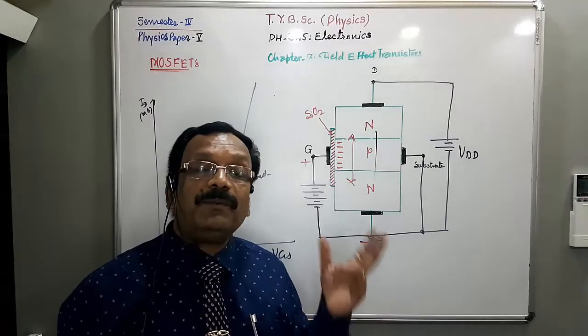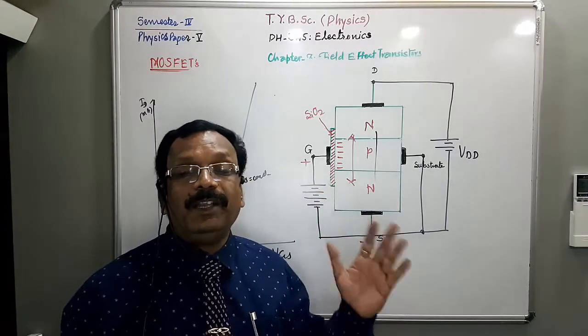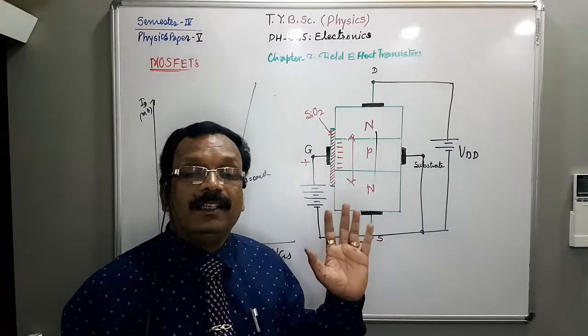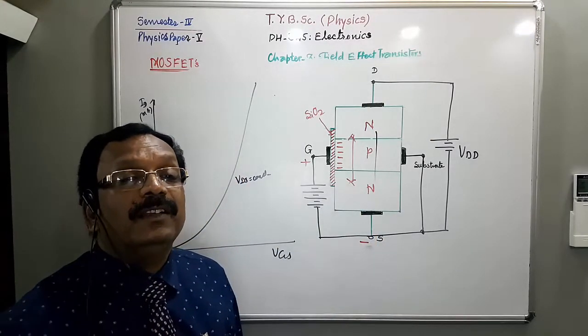The curve is plotted for both positive and negative values of VGS, and that's why this curve is also called the transconductance curve.